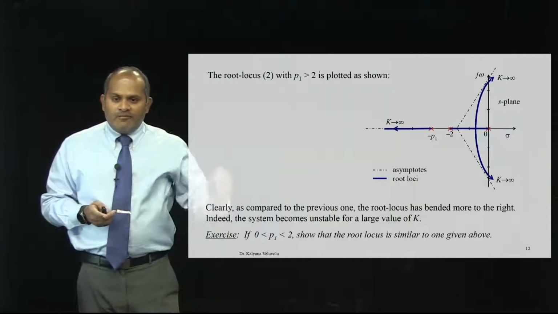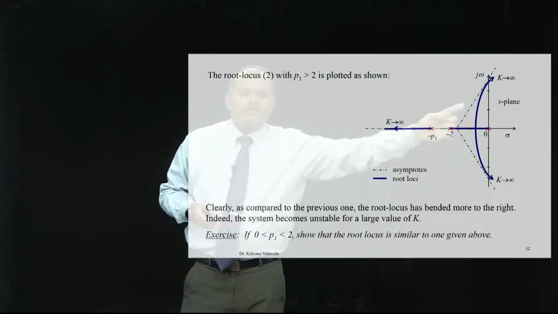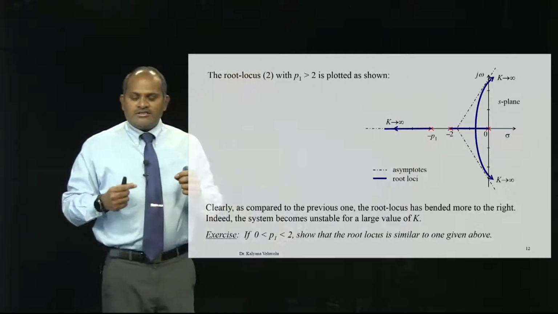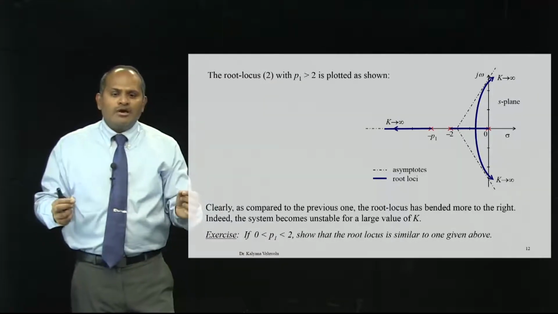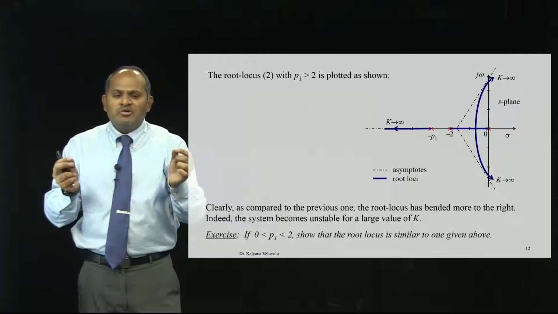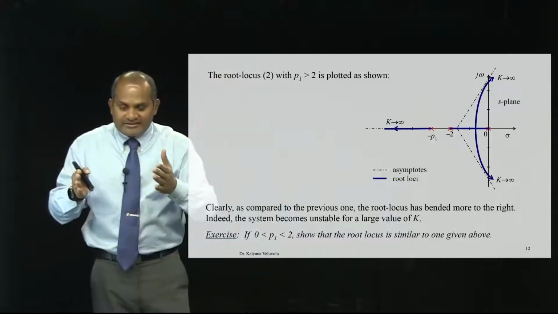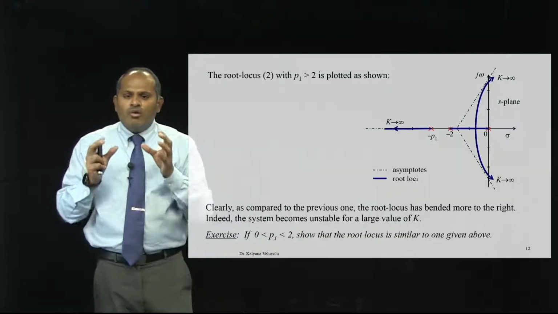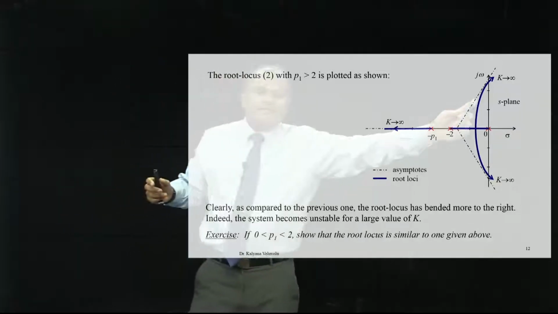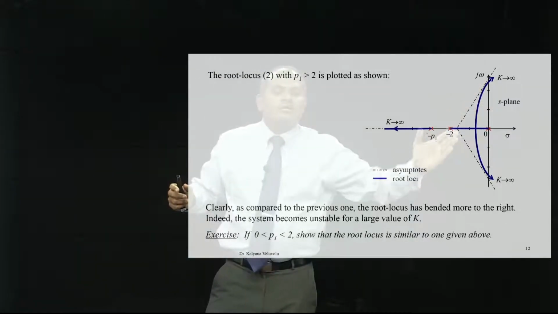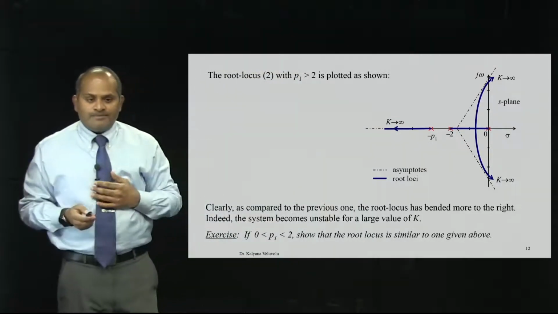Then, when I add just one extra pole, the system crosses to the right half for a certain value of k. That means the system which was stable for k from 0 to infinity now becomes stable for only 0 to some k value. So, the stability margin decreases. The system is only stable for certain values of k. For k higher than a certain value, the root locus crosses to the right half, so the system becomes unstable.